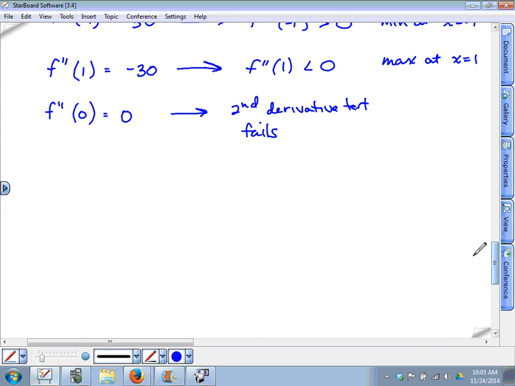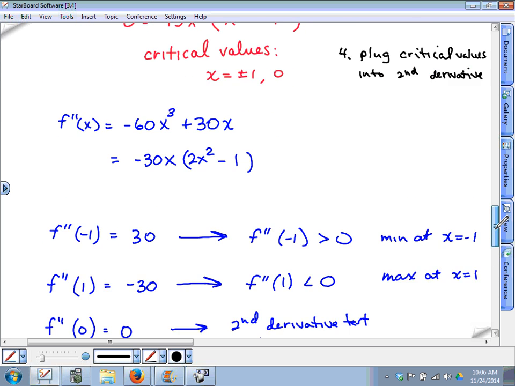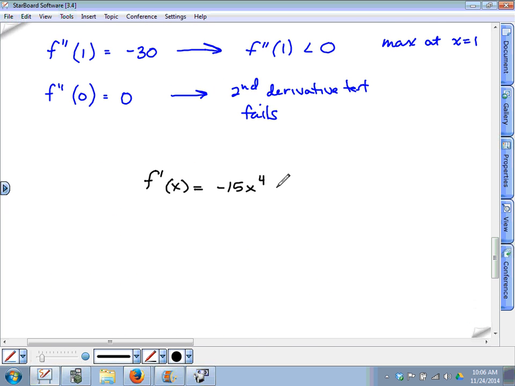So the first derivative was negative 15x to the 4th. I already forgot it. Negative 15x to the 4th plus 15x squared. Remember the first derivative test, you had to do the critical numbers on a number line?